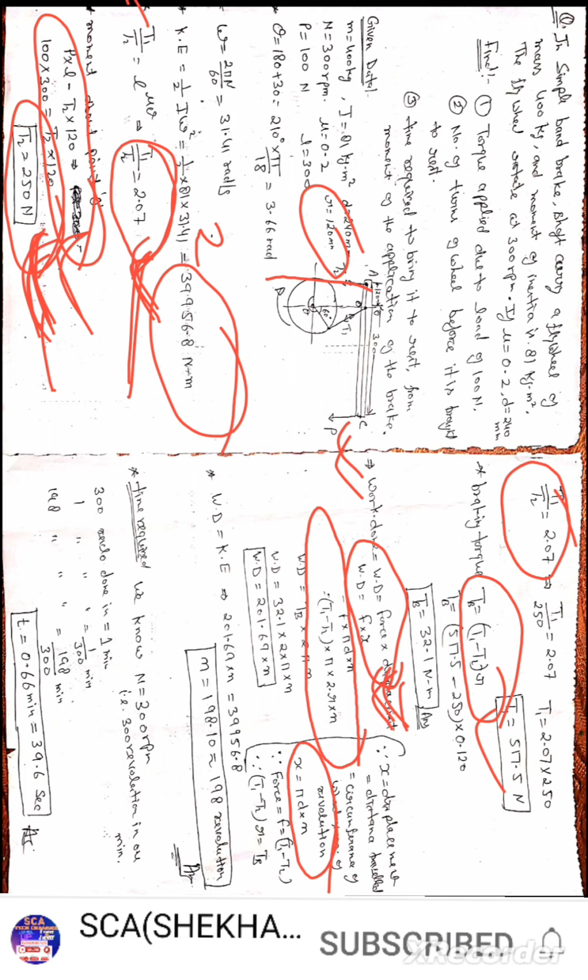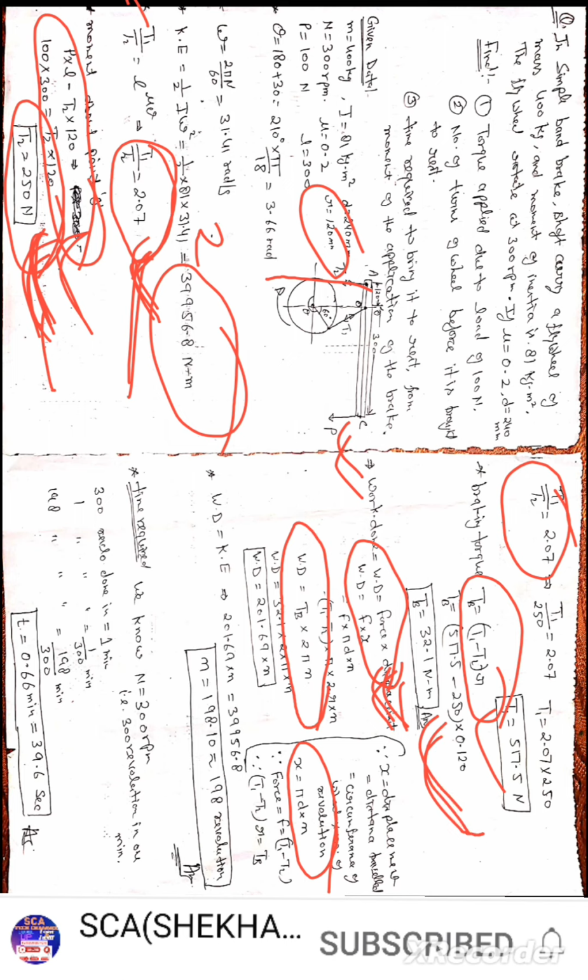T1 minus T2 into r is the braking torque, so work done is equal to TB into 2 pi n. We get the value of TB from here and put it in this equation.